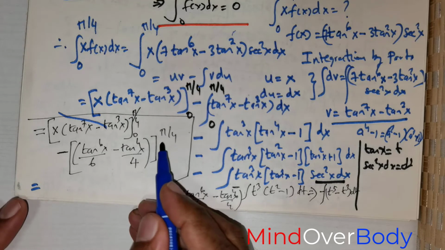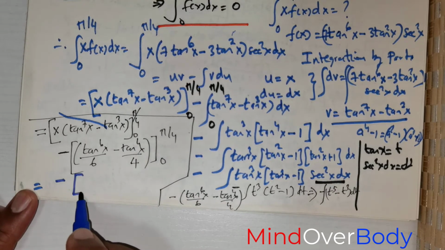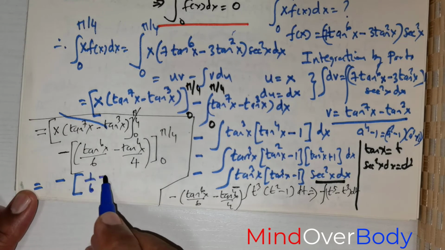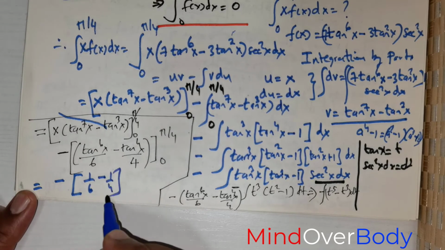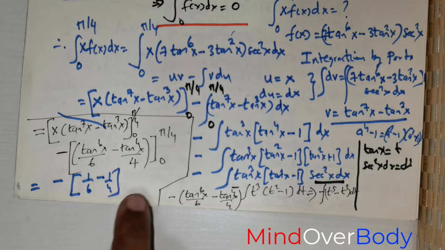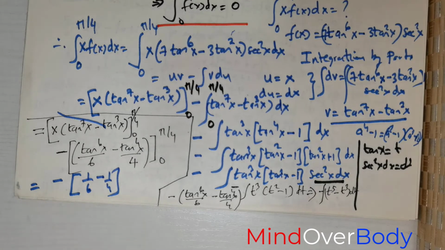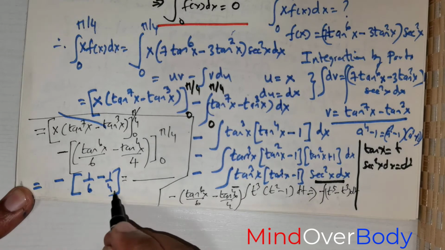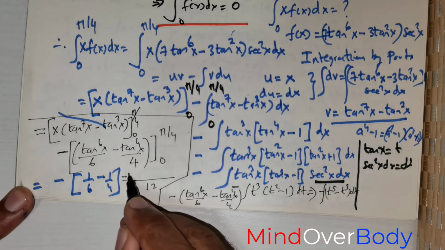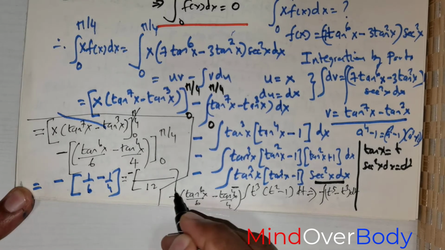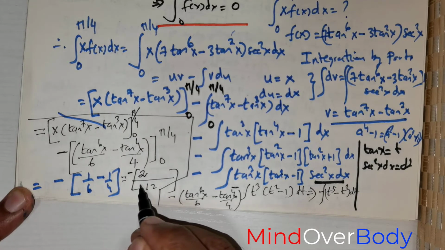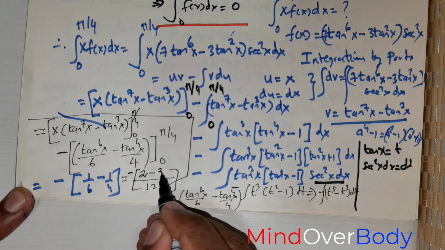Upon substituting pi over 4, tan pi over 4 is 1. So this is going to be 1 over 6 and this is going to be 1 over 4. Now we will have to evaluate this. I will show you the evaluation over here. I know the space is a little bit constrained. Now the LCM for 6 and 4 is going to be 12. I got a negative sign, so I'll place that over there. 6 divides 12 two times, so I place the 2 there. 4 divides 12 three times, so I place the 3 there.